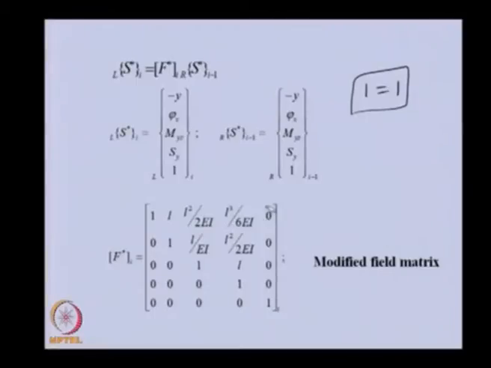Now, as I told, we derived the field matrix for one plane motion of the shaft, but generally rotors have both plane motions, that is in the vertical plane and horizontal plane. So, if we want to analyze both plane motions simultaneously, we need to modify these matrices to incorporate both plane motions.